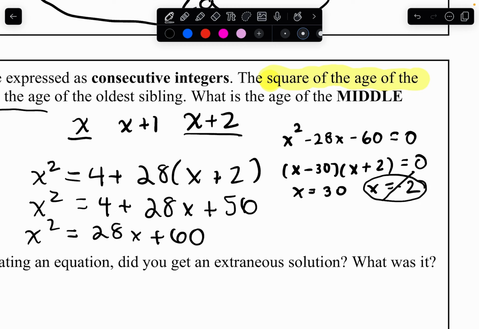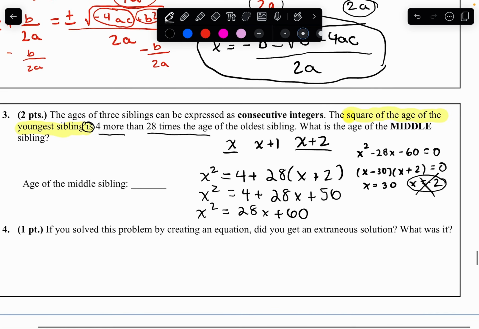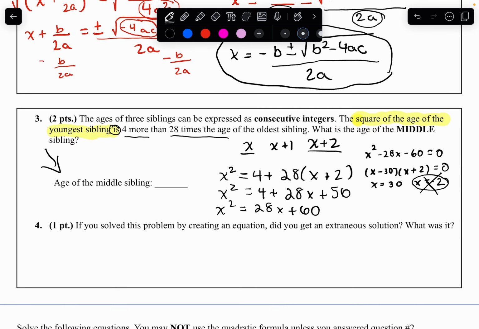We can recognize that this is an extraneous solution because ages cannot be negative, unless we get super philosophical, which we're not going to do. So therefore x, or aka the youngest brother, is 30 years old. But the question is asking you for the middle sibling because I am evil and I was trying to trick you. So the middle child is 31.